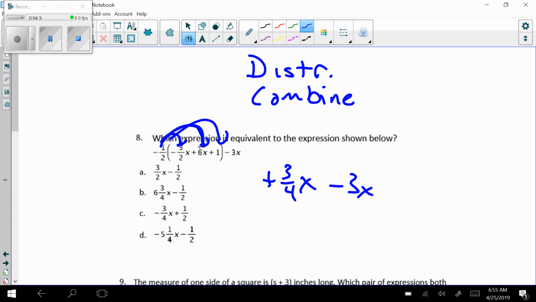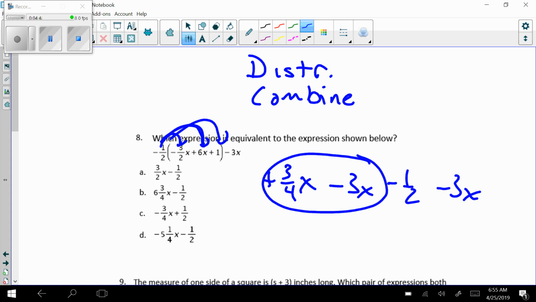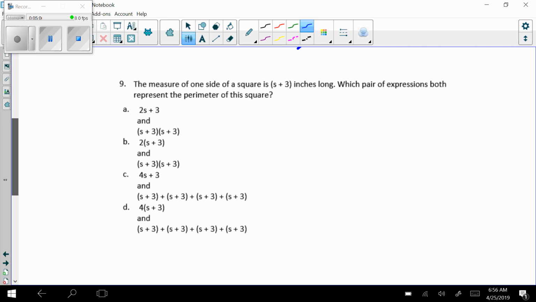And then a negative 1/2 times a positive 1 would be a negative 1/2. Line up all your like terms: your positive 3/4 x, your negative 3x, and you're left with a negative 1/2.